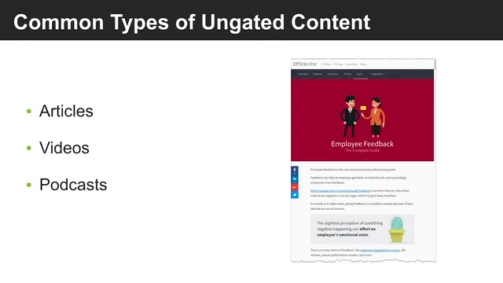Office Vibe is a piece of software that allows you to get the vibe of the office. Big shocker there, right? But this is a great piece of cold traffic content that drives in people who are just wondering what employee feedback is and how to make it more effective inside their office. This article is freely available and ungated.